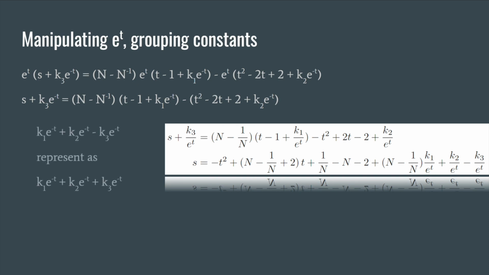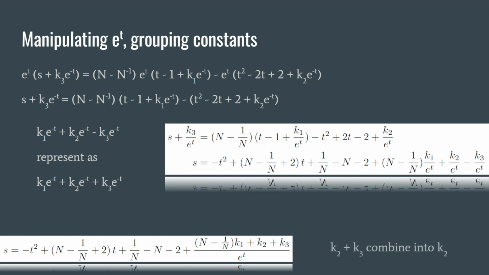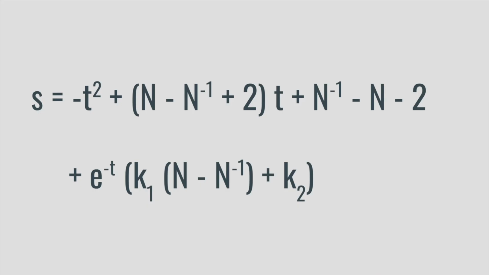We group these constants onto the right-hand side, and this allows us to get rid of the negatives because of the property of constants, and we can write e to the t as their common denominator. And finally, we obtain an equation for stress solely expressed in terms of t. And this equation would then allow us to produce the work equation that we have shown from before.